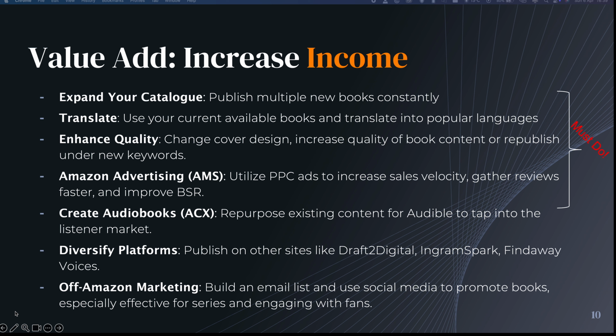In my opinion, the first 4 strategies are must-dos if you buy an Amazon KDP account. The last 3 depend on your niche or how much effort you want to make.